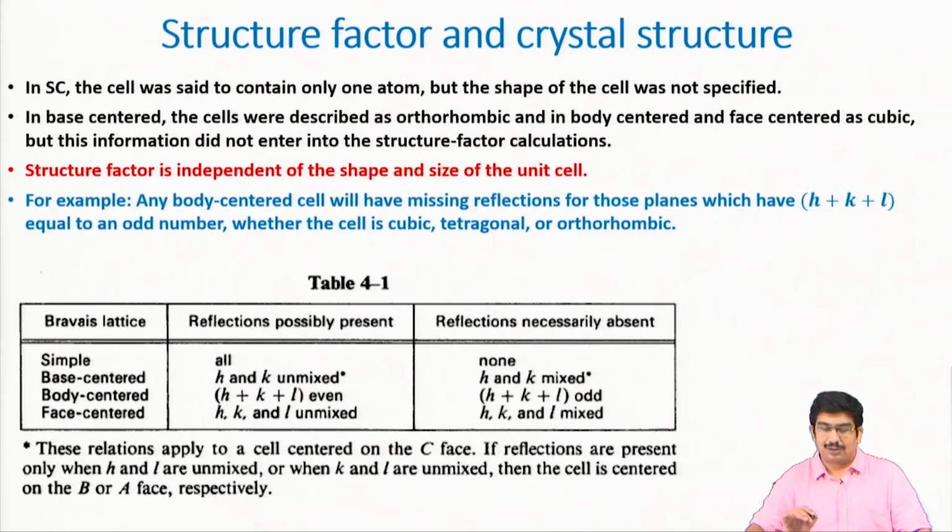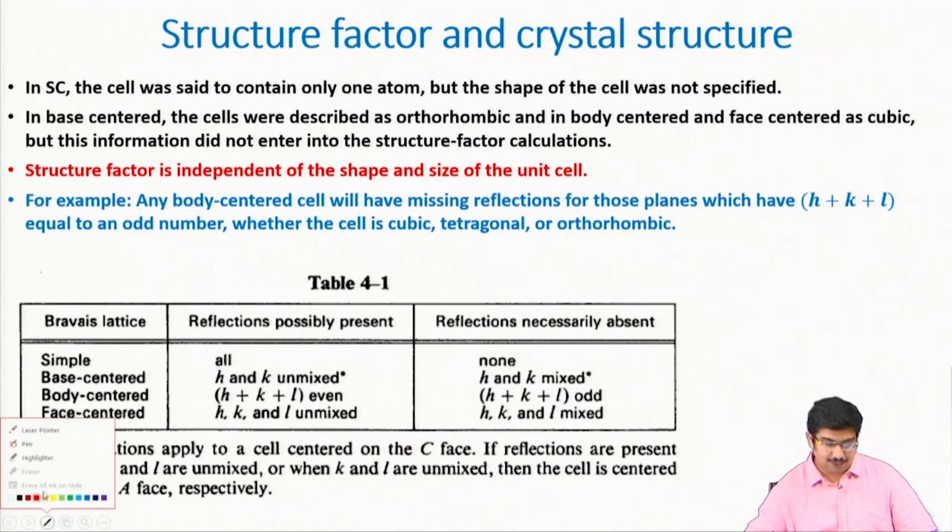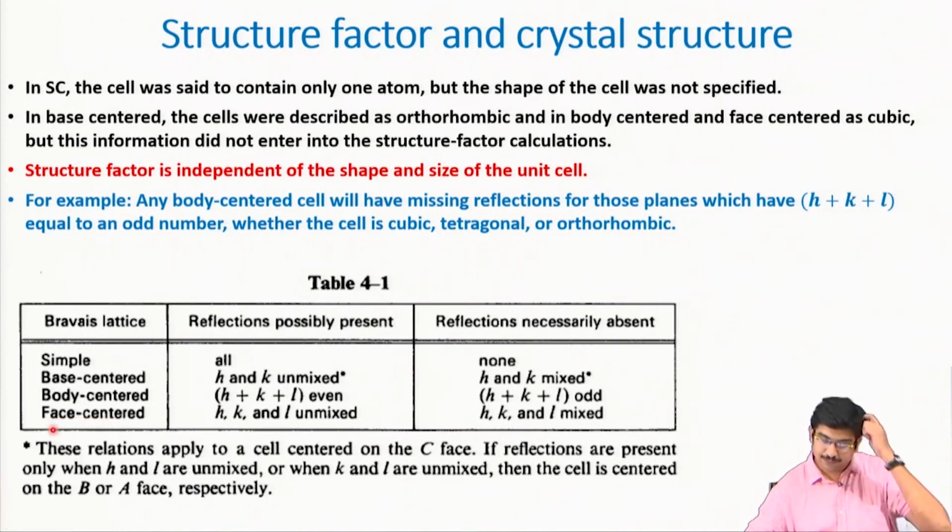Okay. So, about structure factor, a couple of general things that we must remember. First of all, when we derived all of these structure factors, for simple cubic, body centered, face centered cubic, what we mentioned was just the general structure of the unit cell.